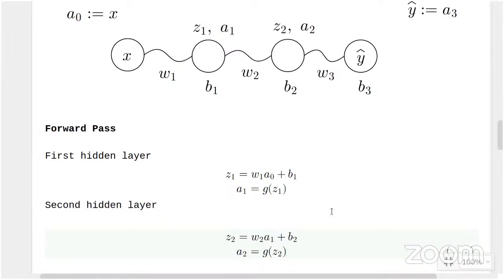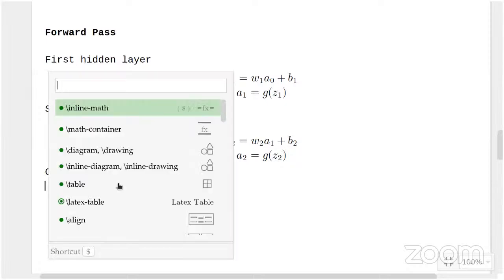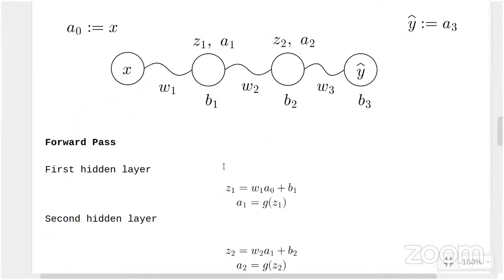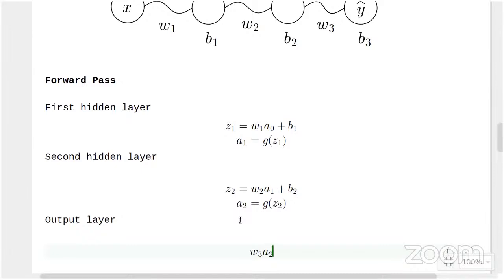So this is the second hidden layer, and there's no third hidden layer. At the output layer, what would it be? W3 A2 plus B3. This will be Z3.